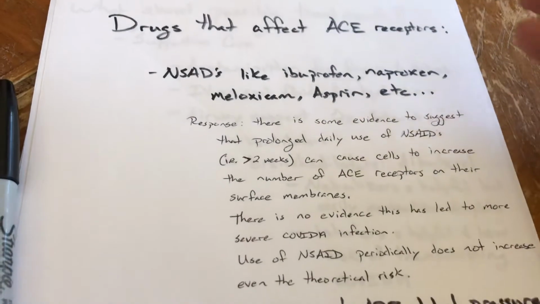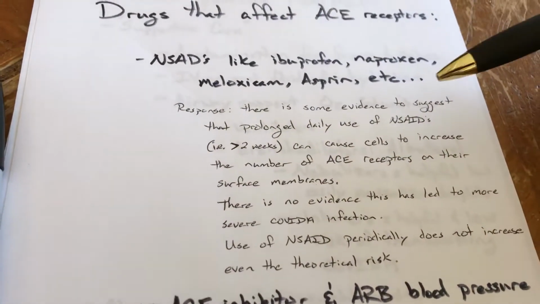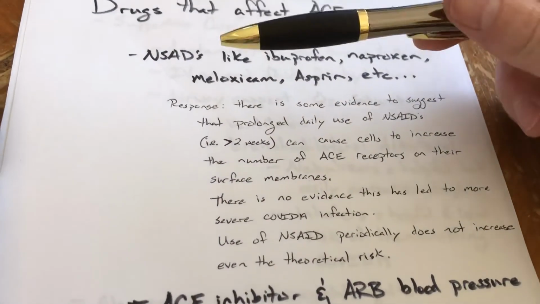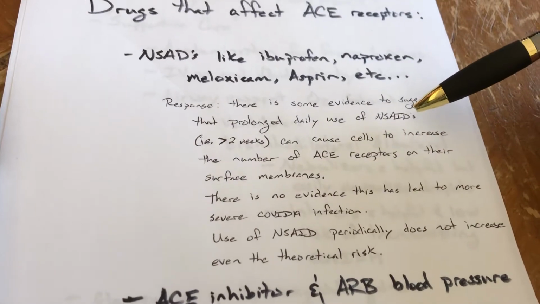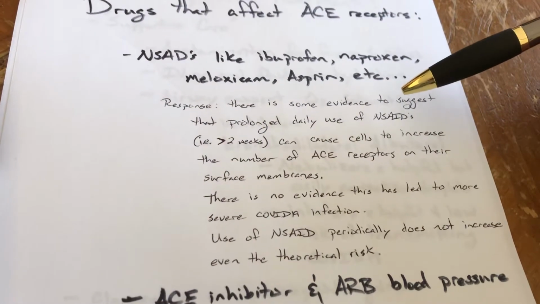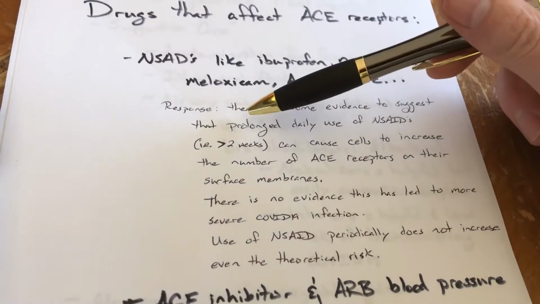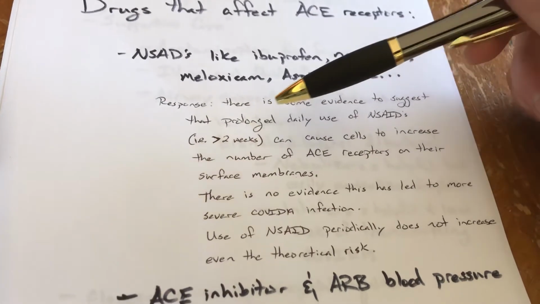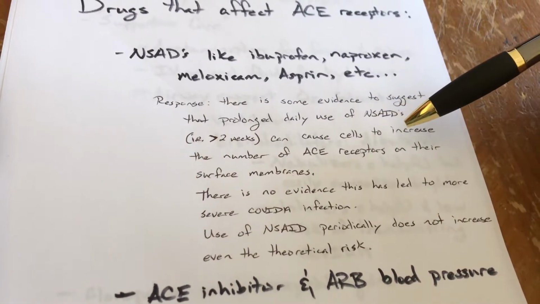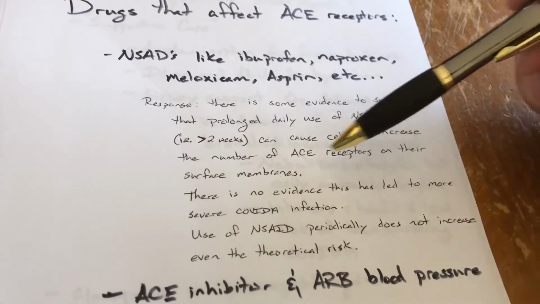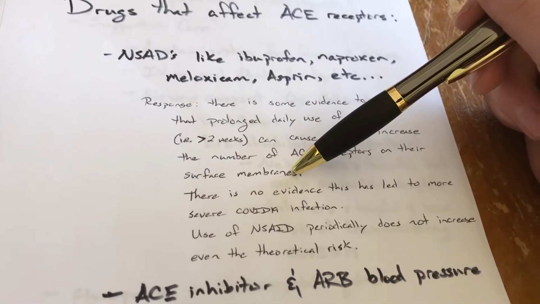So here's my response. There is some evidence to suggest that prolonged use of NSAIDs of various kinds, and by prolonged use I mean greater than 2 weeks consistently, can cause the cells in our body to increase the number of ACE receptors on their surface membranes.